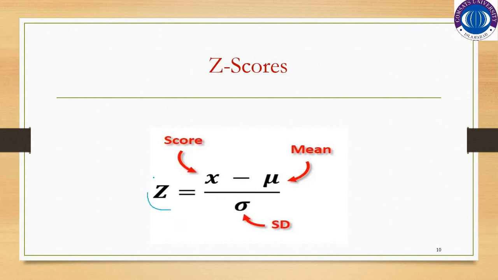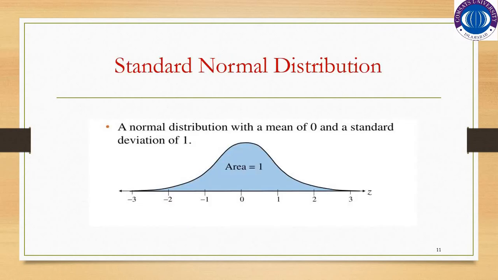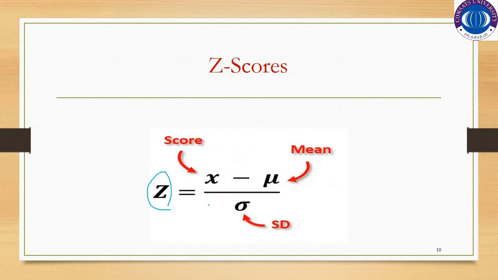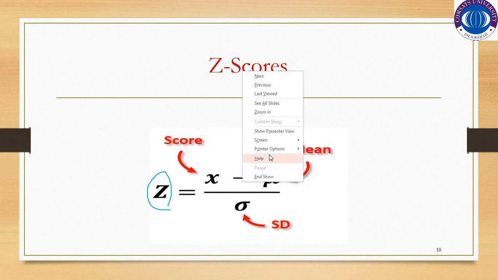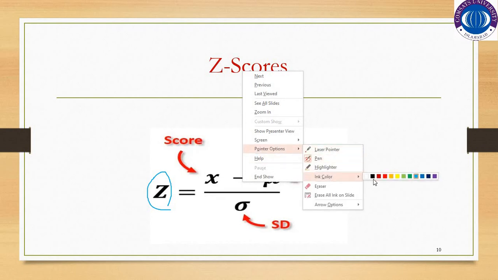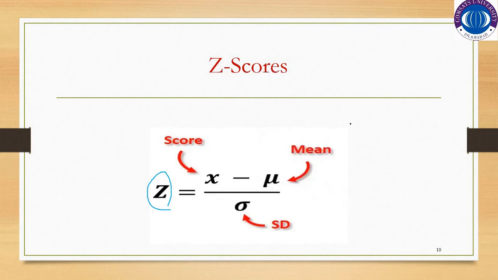So now you have this new random variable, which is z, and you can call it Z-scores. Now what will happen when you subtract the mean from the random variable and divide by the standard deviation? So when you do it, let me change the color of the ink.